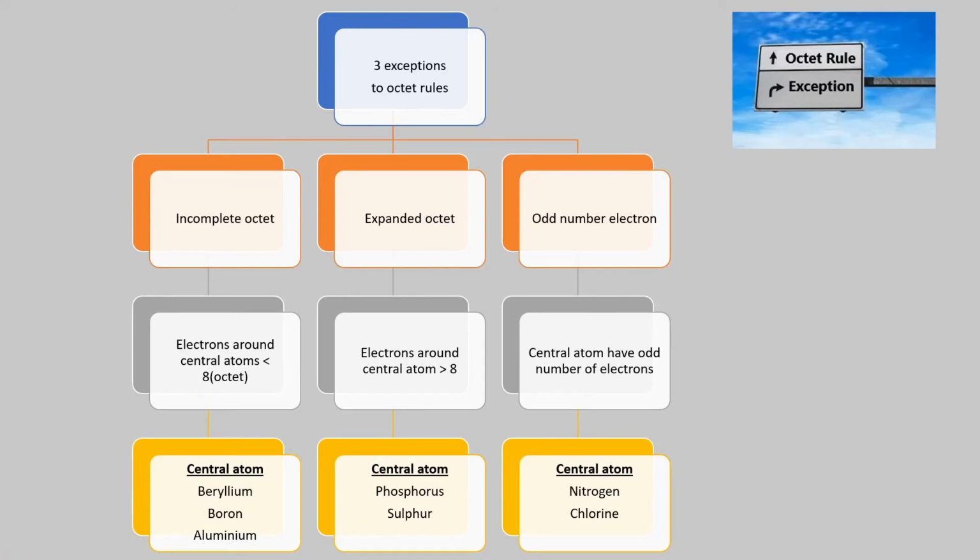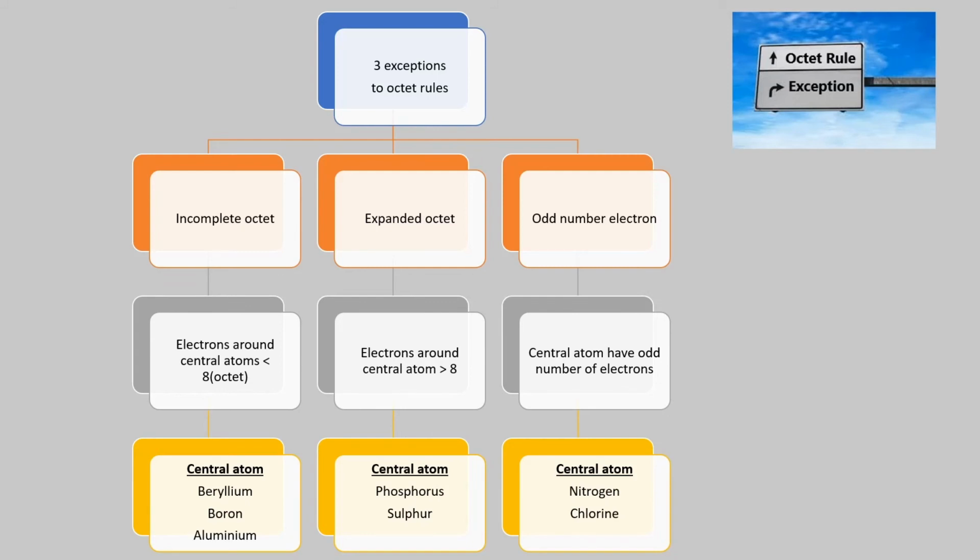Nampak tak ini? Okay, 3 exception to octet rules. Okay, semalam kita ada buat tutorial question kan? And then ada two answer where kita dapat the central atom ada lagi banyak daripada 8 elektron. And one of that, satu central atom tu tak cukup 8, ada 6 je.